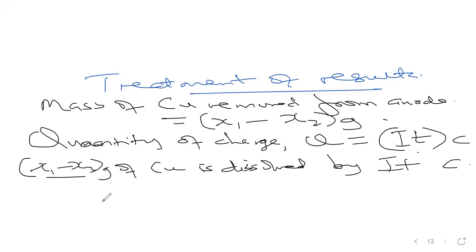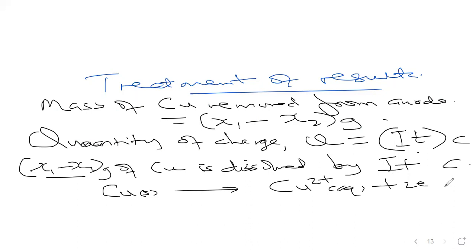But we know that the equation that occurs is that copper dissolves to give us copper 2 ions.